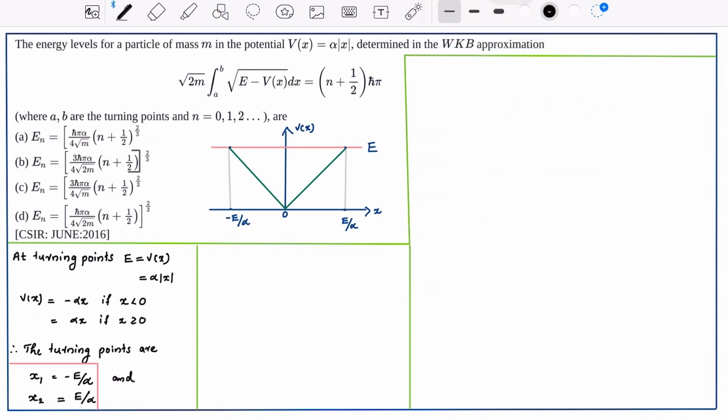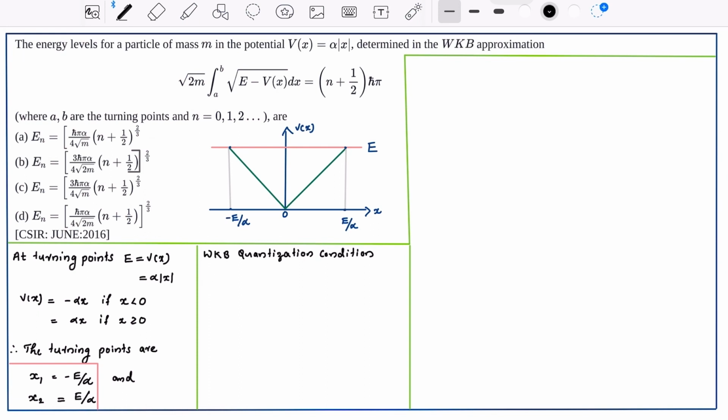Now once we have the turning points, we can calculate the energy levels of the particle using the WKB quantization condition. So what is the WKB quantization condition?